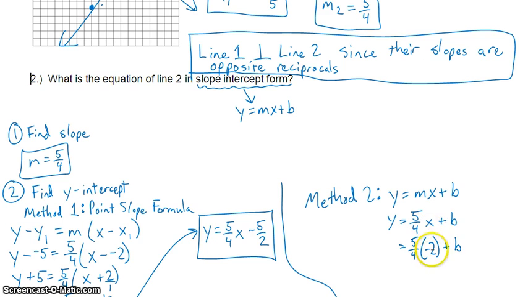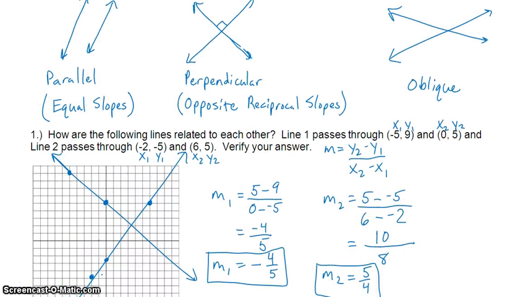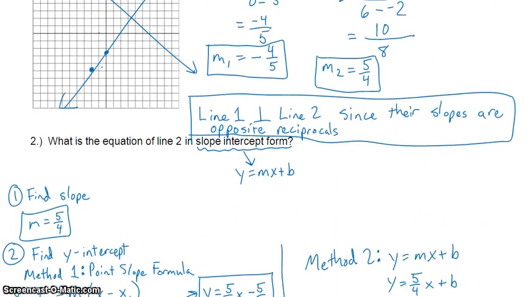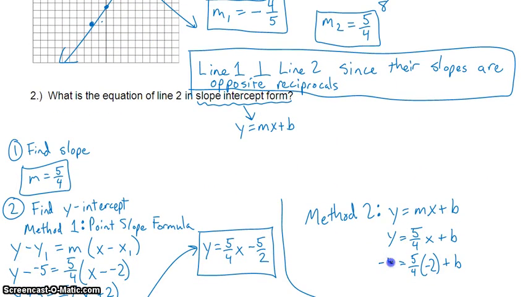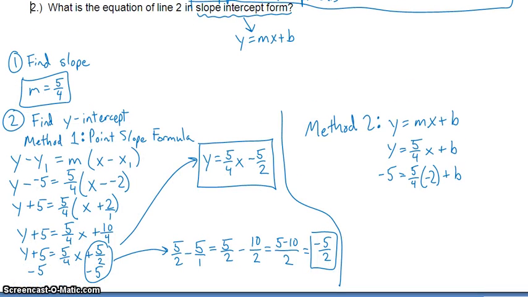And when x is negative 2, y has to be negative 5. So I'm going to plug in negative 5 for my y. Solve for b. Negative 5 equals 5/4 times negative 2. Well, I've already done that math right here. 5/4 times 2 is 5 halves. In this case, I get a negative 5 halves.